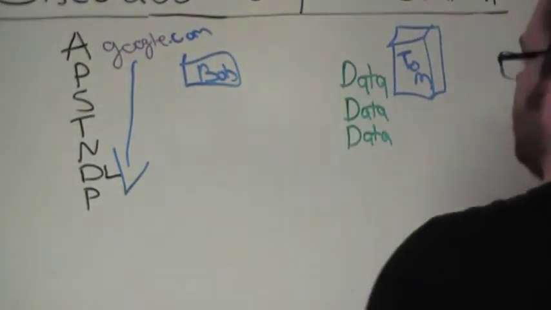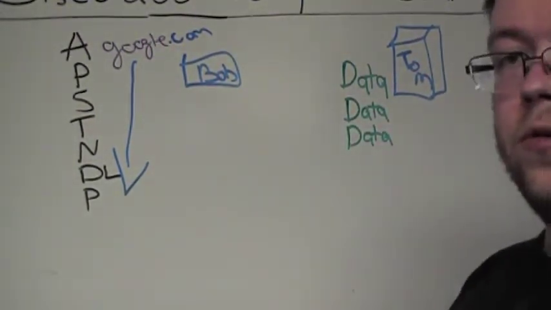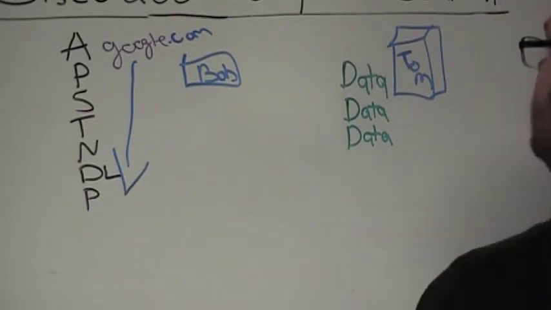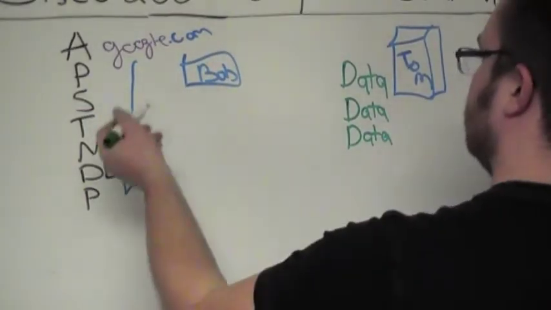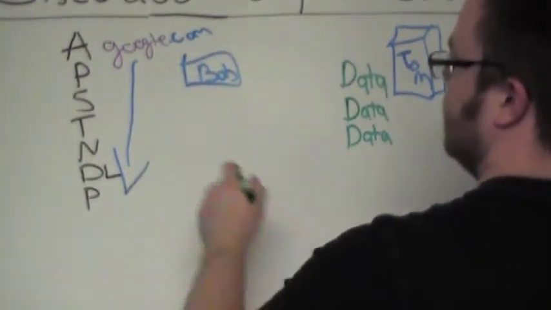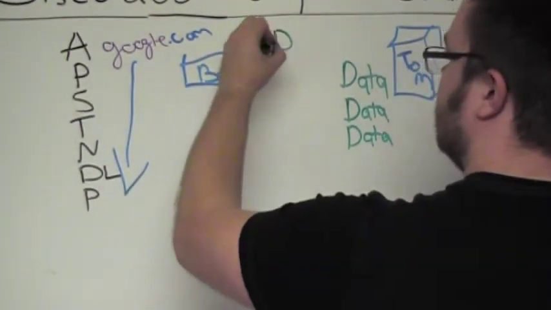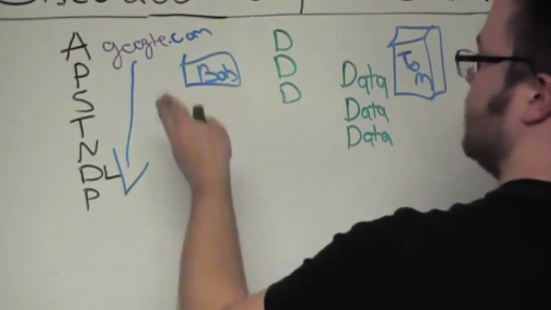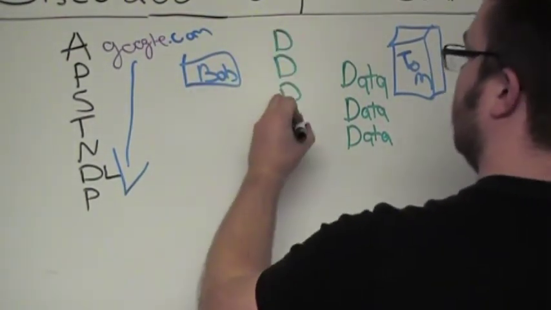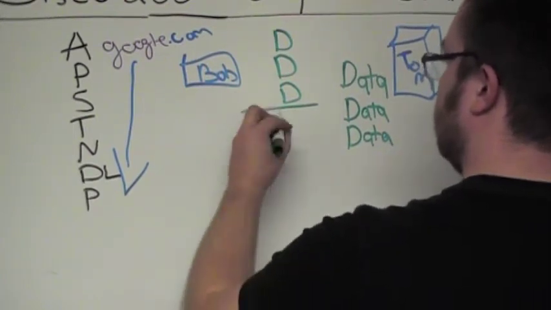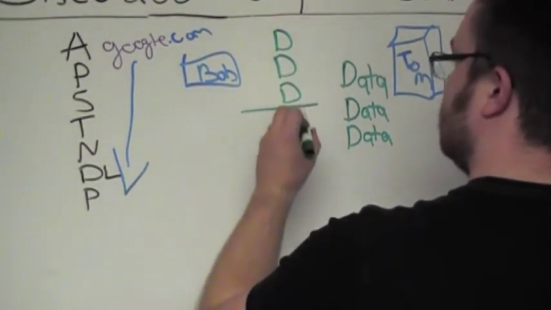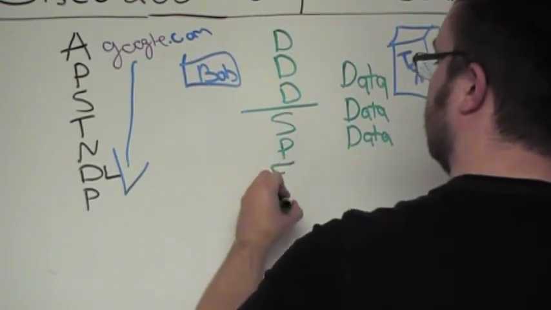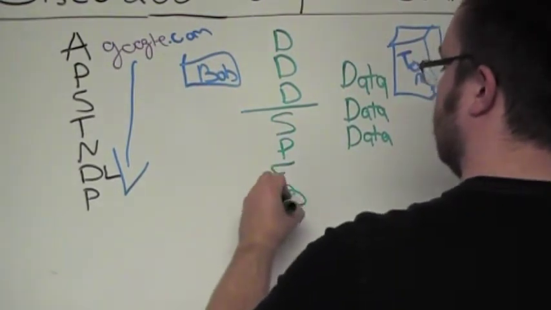Okay. The way that I learned, I think either an acronym or mnemonic way to say it is data, data, data, segment, packet, frame, and bit. So application is data, presentation is data, session is data. And then the more common ones that you really need to memorize are segment, packet, frame, and bit.